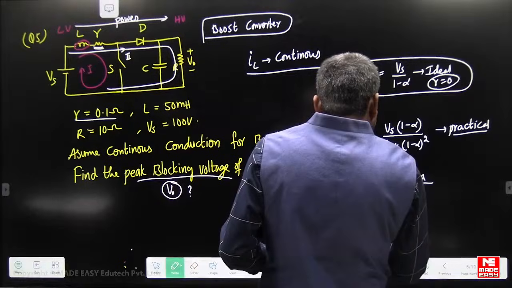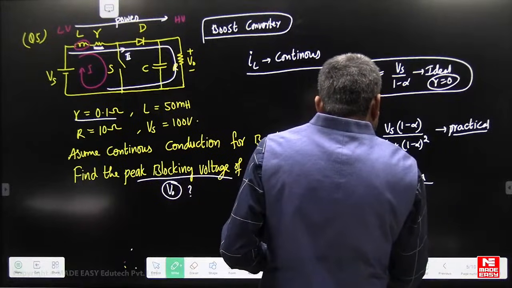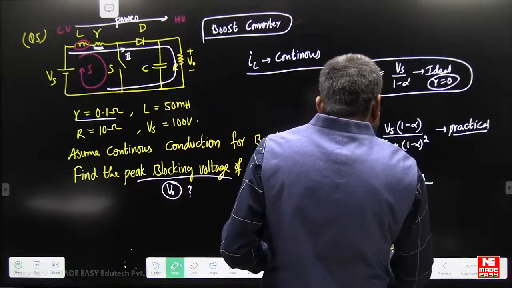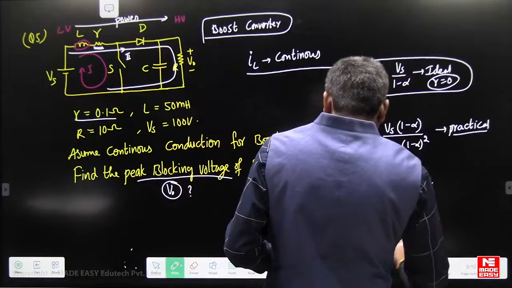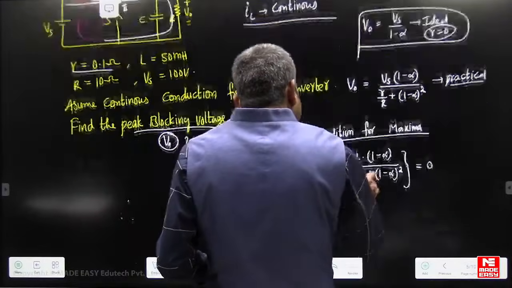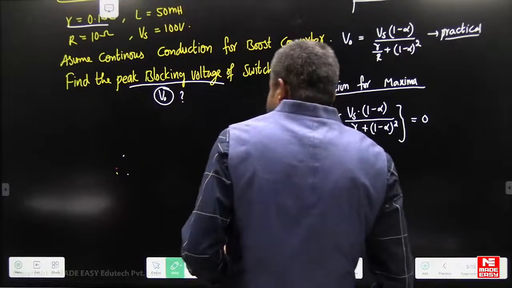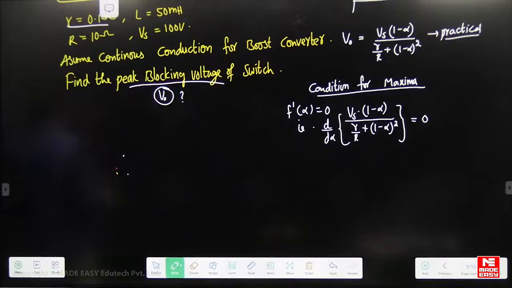So Vs into (1 minus alpha) divided by (small r by capital R plus (1 minus alpha) whole square), equated to 0. If you simplify this, you will get the value of alpha for the condition for maxima.